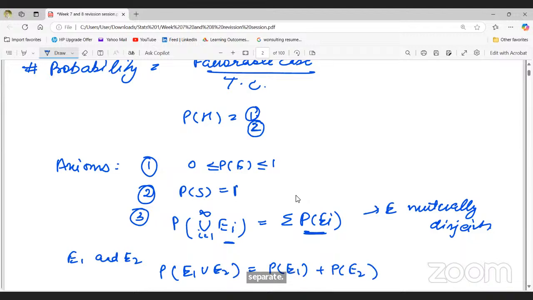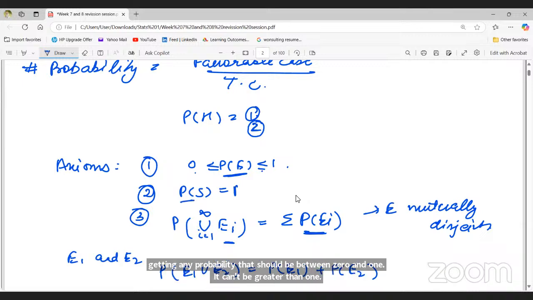Ma'am, what is the use of this axiom? This is just an example that you have to make sure that if you're solving any probability question, the probability you get should be between 0 and 1. It can't be greater than 1.